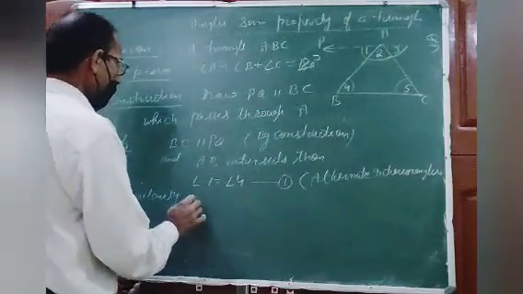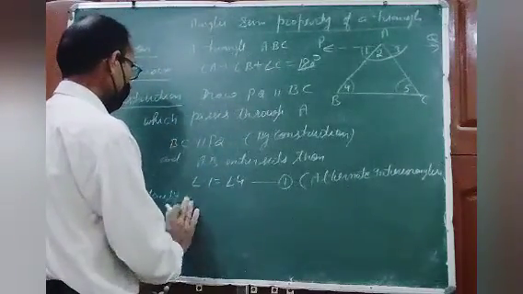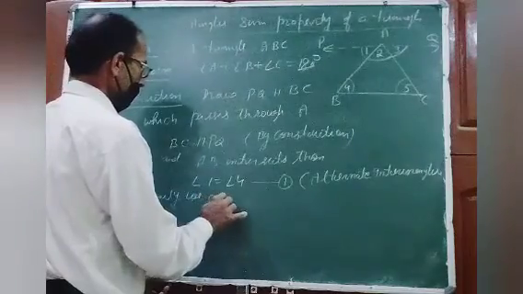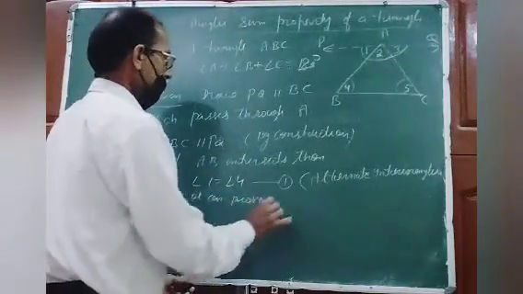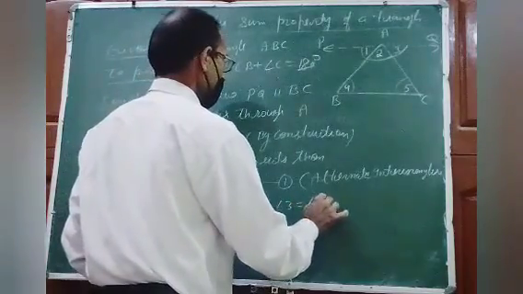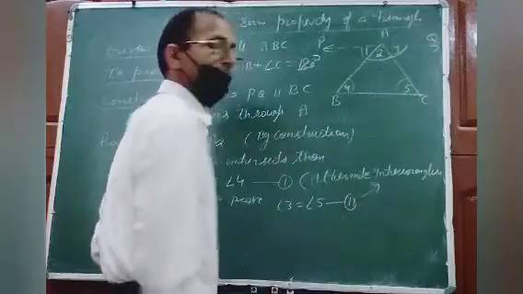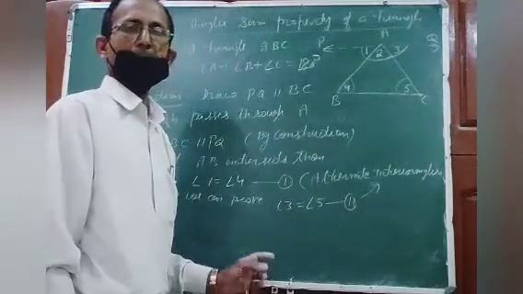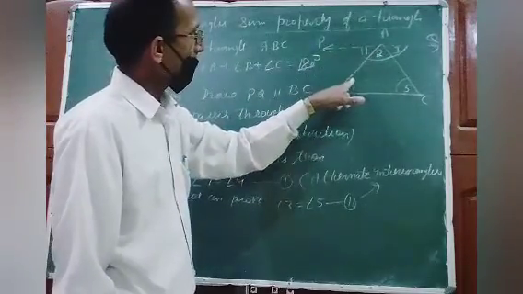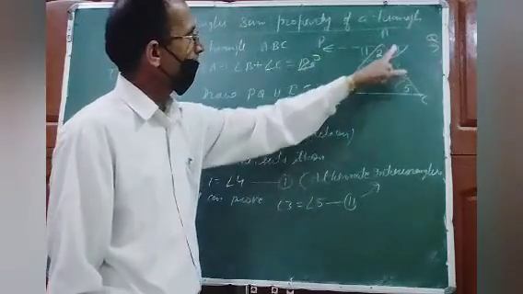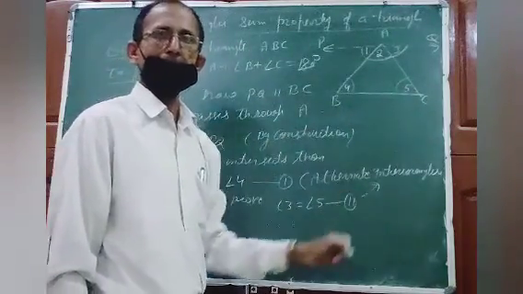Similarly, we can prove angle 3 is equal to angle 5, same reason, alternate interior angles. Up to here, any doubt, any confusion? Two parallel lines are intersected by a transversal, so angle 1 is equal to angle 4, and angle 3 is equal to angle 5, alternate interior angles.